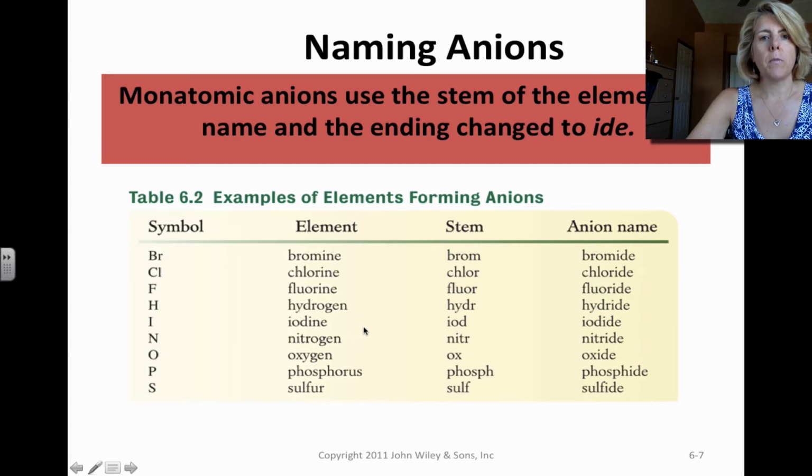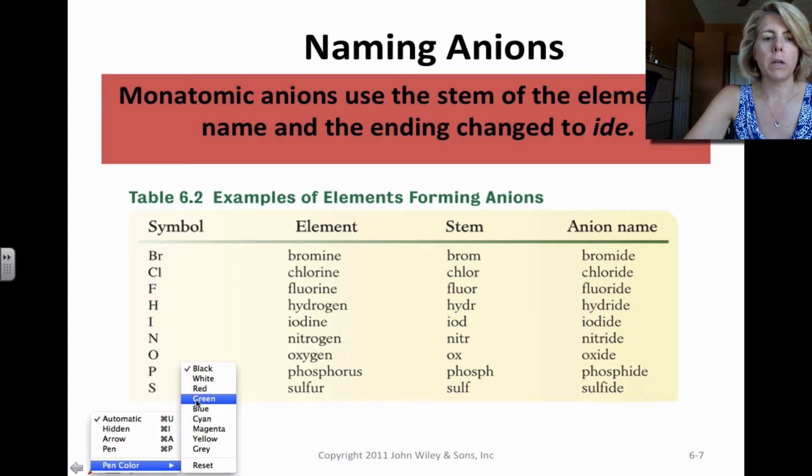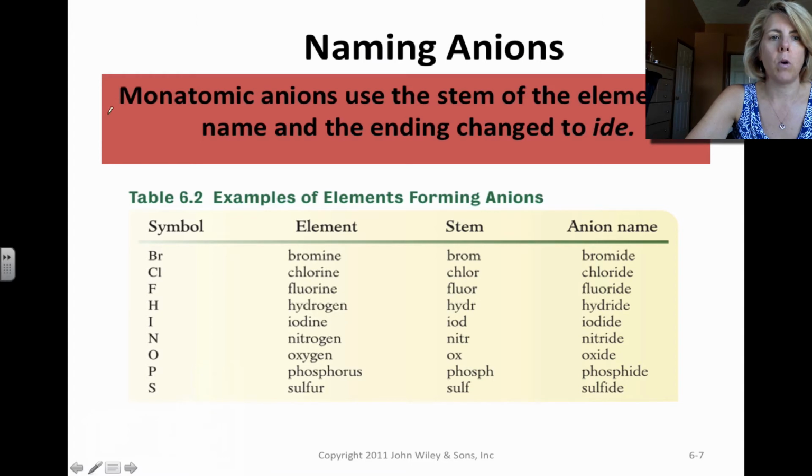Here are some very generic ions. Notice they're monoatomic, so that means there's only one. We're going to talk about more than one. We call them polyatomics. So monoatomic, you always change the element's name to IDE. So whatever the suffix is on the element, it ends up being IDE. So we go from bromine to bromide.